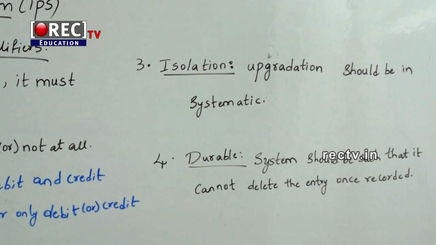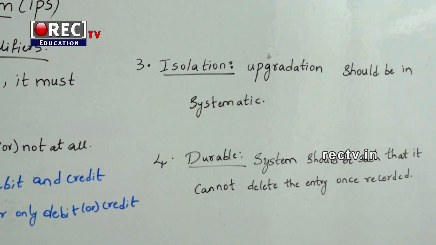Durable. The system should be such that it cannot delete the entry once recorded. For example, if I had 10 lakhs in my hand and today I want to deposit this 10 lakhs in a bank account, and I have given the money to the staff person at a counter, and suddenly my friend has called me for an urgent need of money.